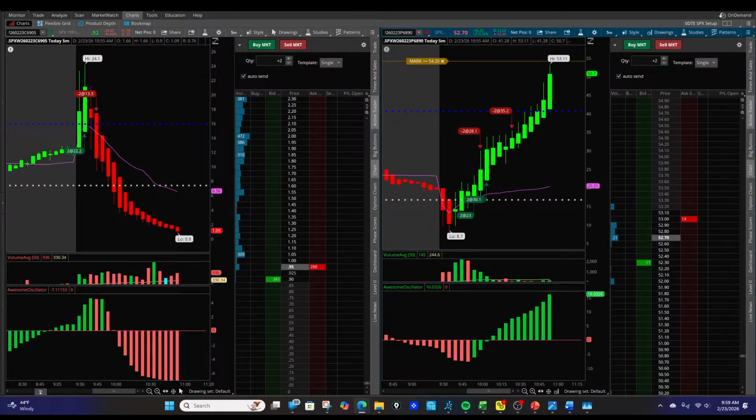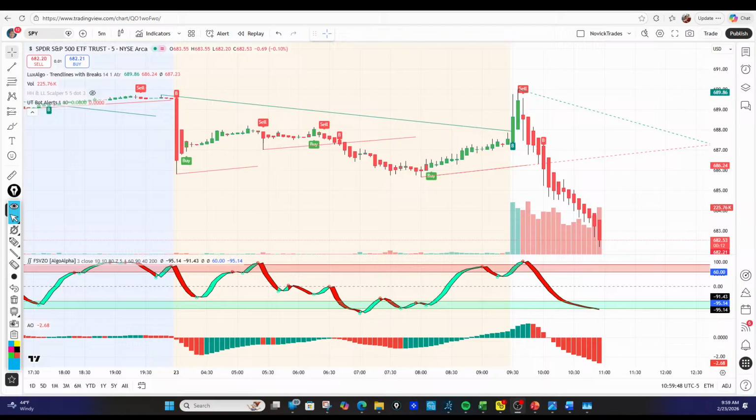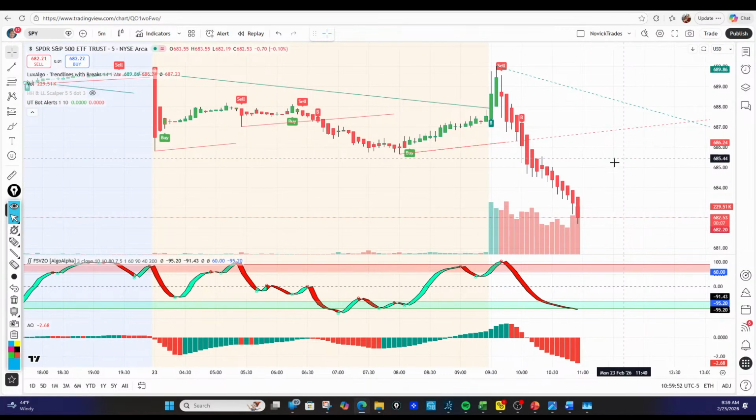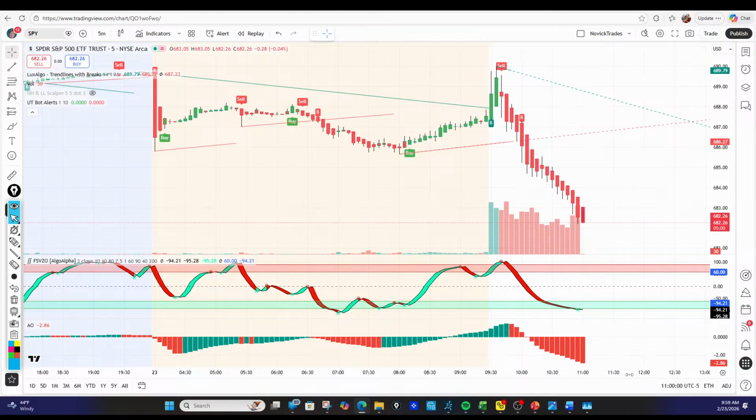Okay, and if we take a look at the TradingView, we can see we had this sell and then it's just continually gone down. And we're at a point here where we just got a green circle in the FSVZO, which is like a volume zone oscillator. So that means that it is probably going to turn around soon if we've got that.